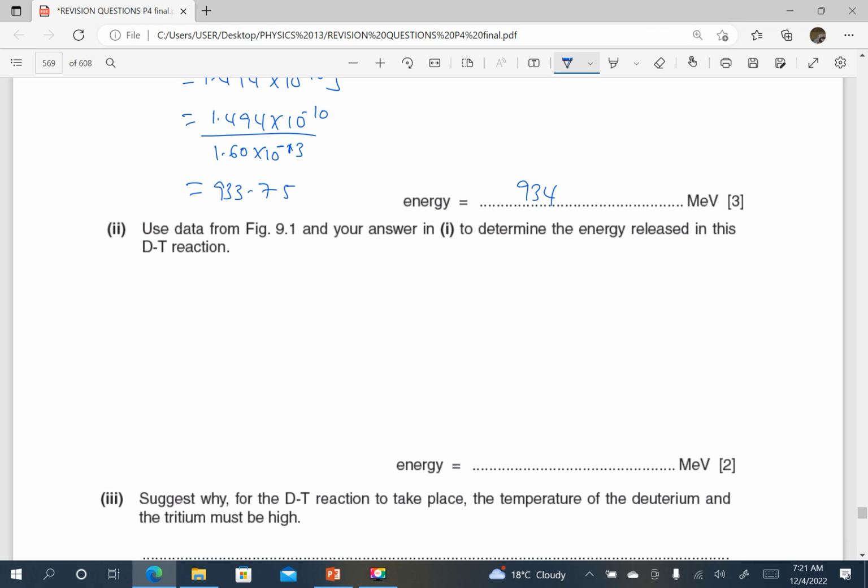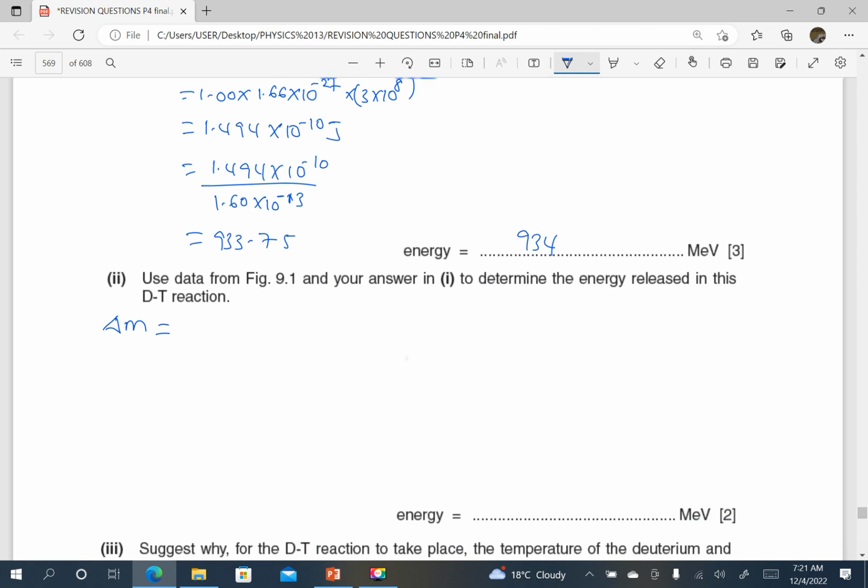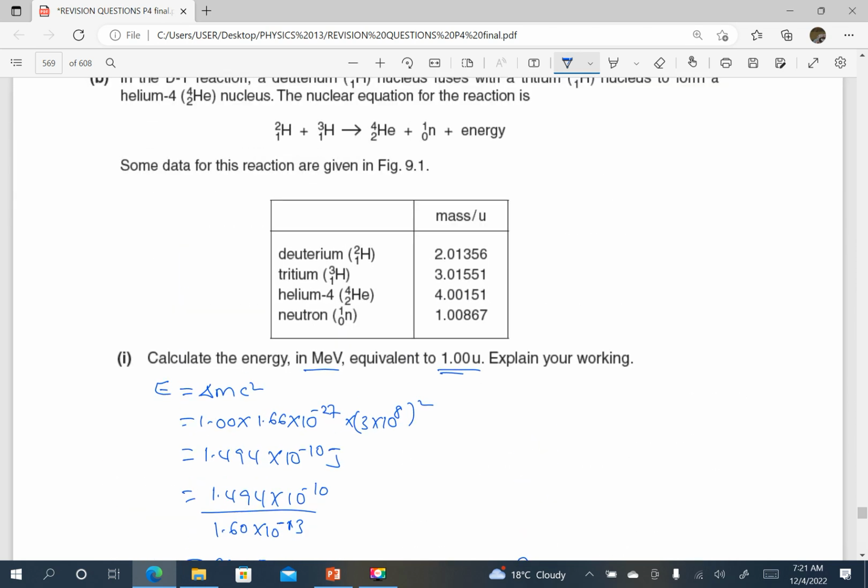So first of all, we need the mass defect in U. So we need the mass difference. Let's look at the equation. On the left, we have deuterium and tritium.